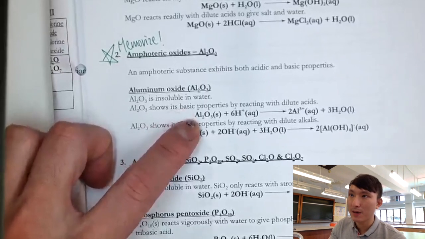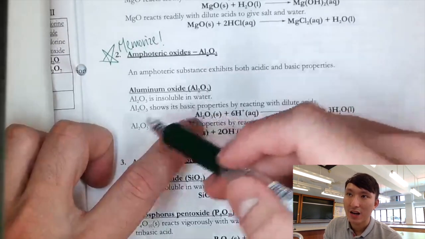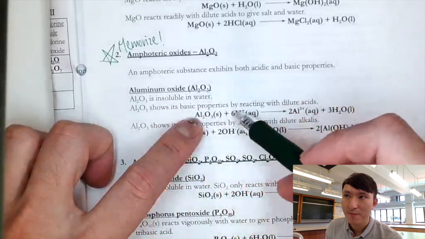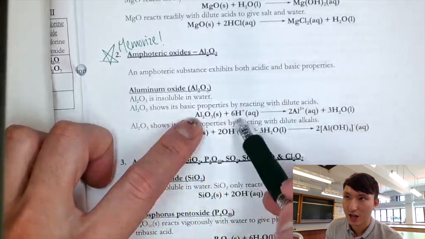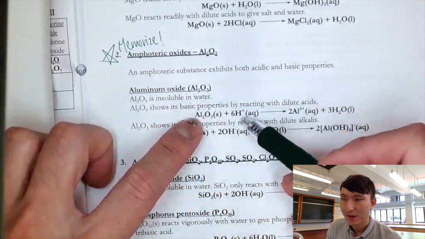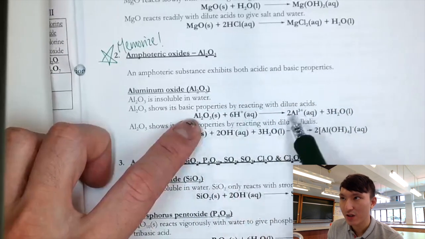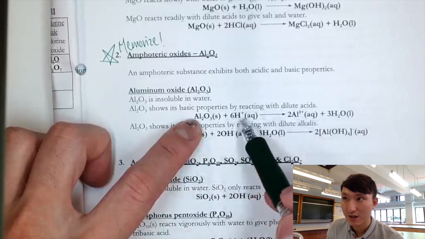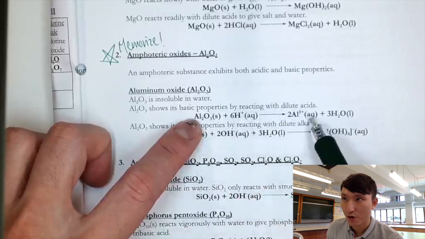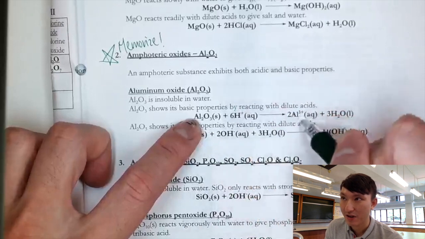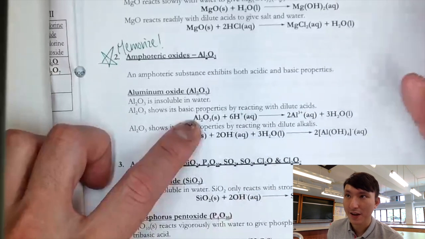So similar idea. If I want to show aluminum oxide having a basic property, I simply react with some acid such as HCl, okay? So this is a very simple reaction, just like a neutralization reaction. But I use an ionic equation, so this is how it looks. Of course, you can add the Cl here to balance the equation, okay?